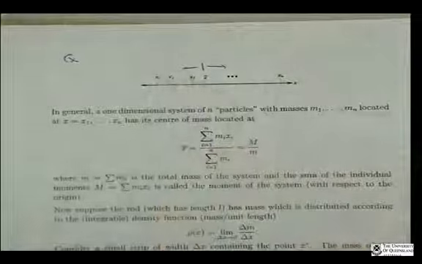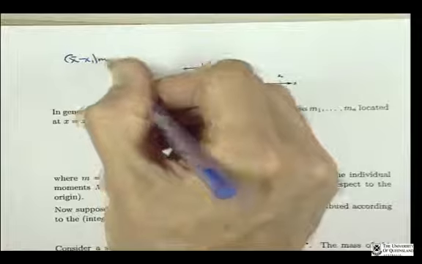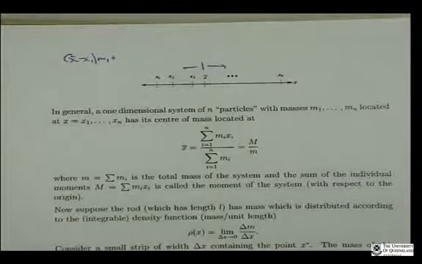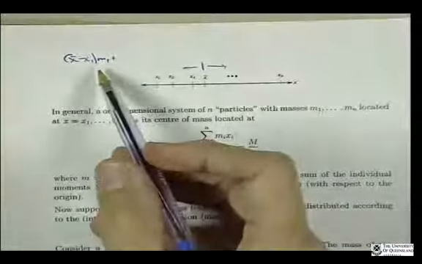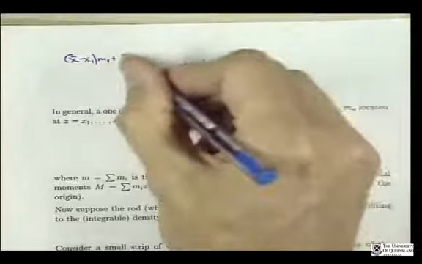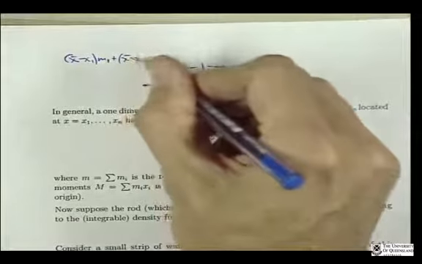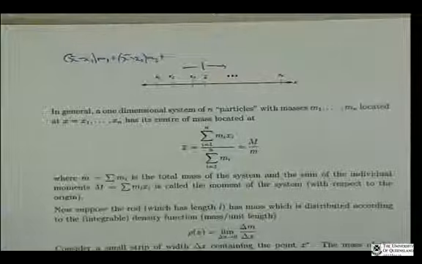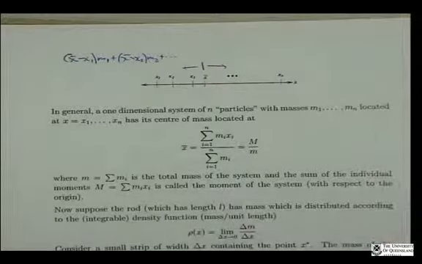Using the law of the lever, the distances will be x bar minus x1, and we multiply that distance by m1, plus, so we take the sum of all these terms, mass times distance from the fulcrum: x bar minus x2 times m2, and so on for all the points to the left of the fulcrum.